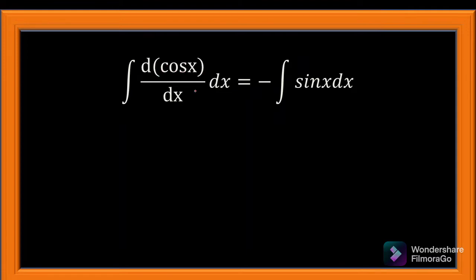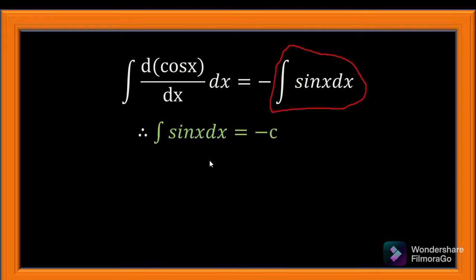Now, because it will be cos x, we shall divide by this negative sign so that we make the integral of sine x with respect to x our subject. And so when you do that, you will come up with the integral of sine x with respect to x, giving us negative cos x plus our constant of integration.